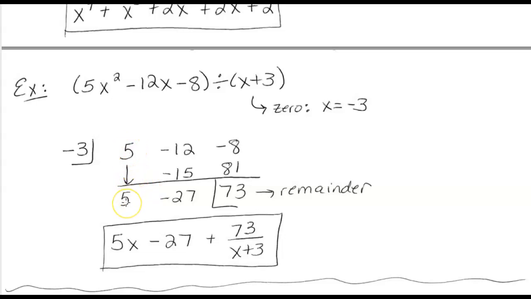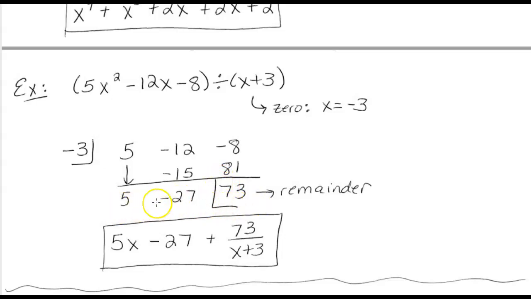First step, drop down the 5. Multiply by -3 and get -15, and it puts right here under the -12. Add, -27. Multiply would be +81, would go here. Add, 73. This last number is always the remainder.